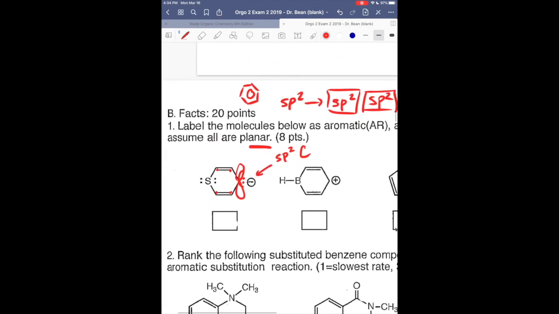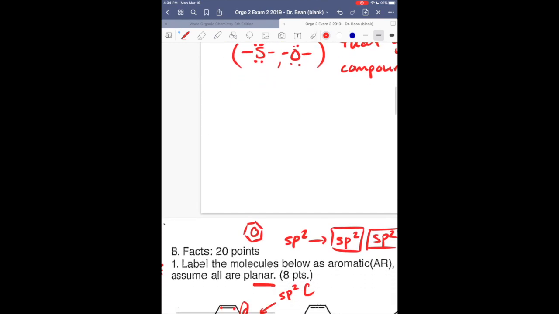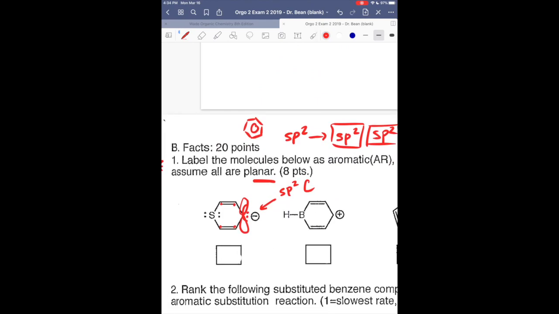So when we're looking at this and trying to make that decision, we ask ourselves hypothetically: if I include that lone pair right there, the second lone pair, as a pi electron that is circulating within the ring like this, how many total pi electrons would I have?